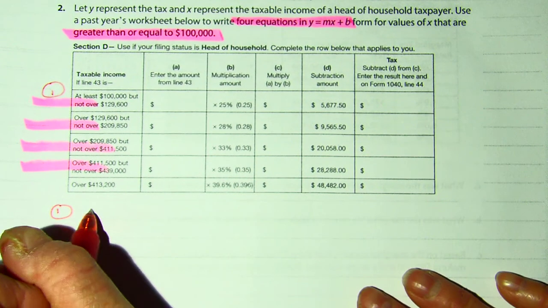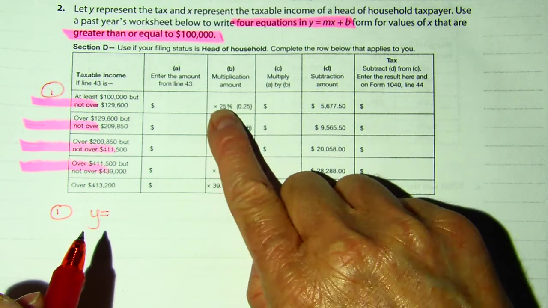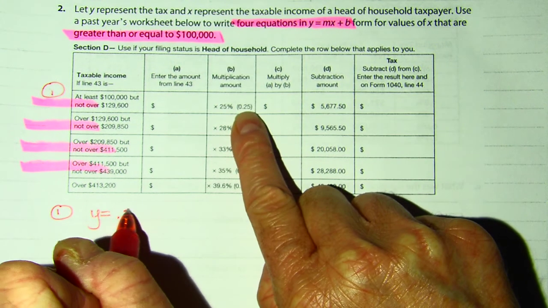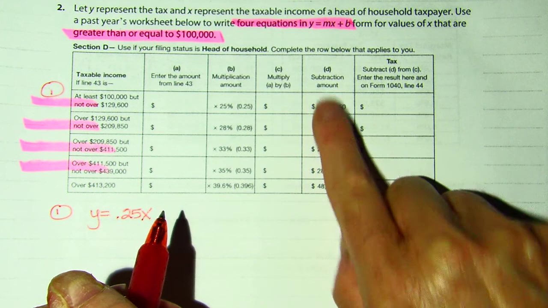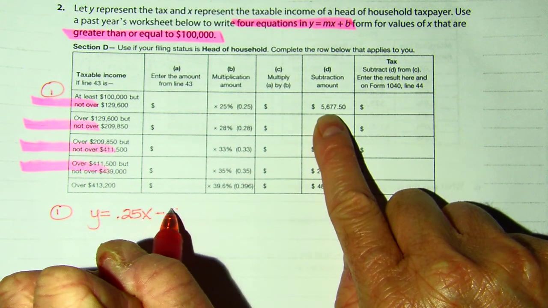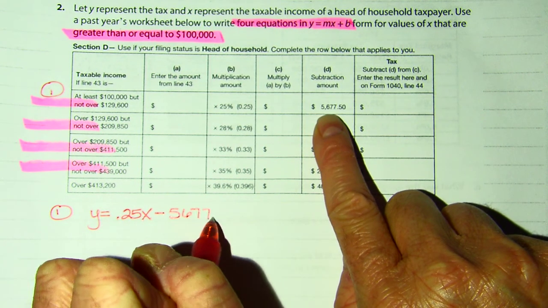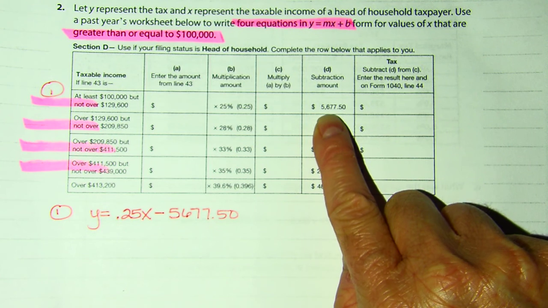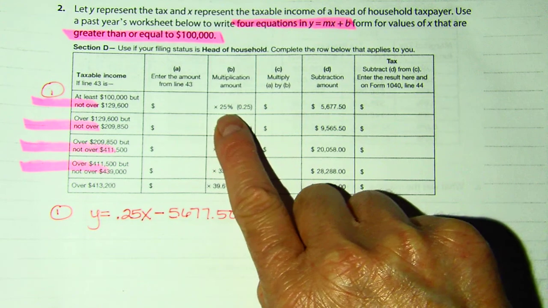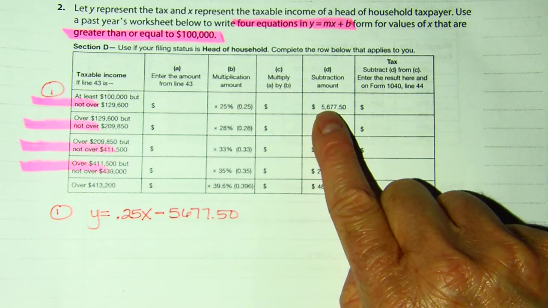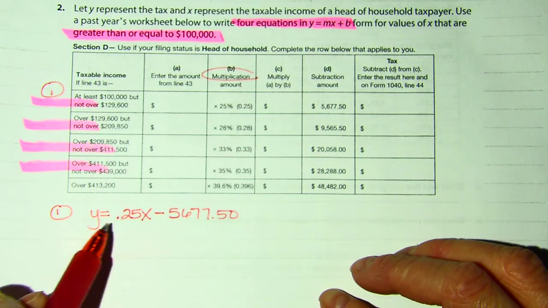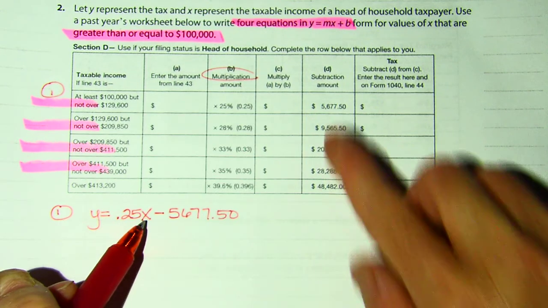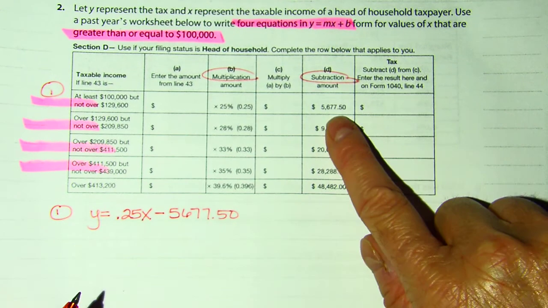So y equals, the percent is your slope, so 0.25x. You are subtracting this, so minus 56.7750. And that's it. So this is your slope. This is the amount you're subtracting, right? You're multiplying. It says multiplication. So 0.25 times x. And then I'm subtracting the second amount.